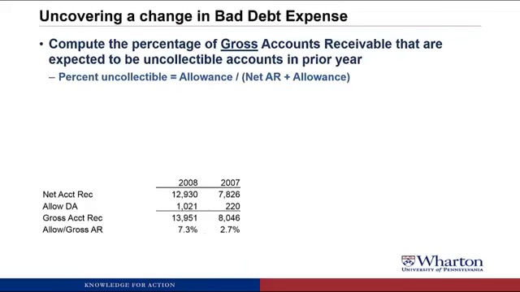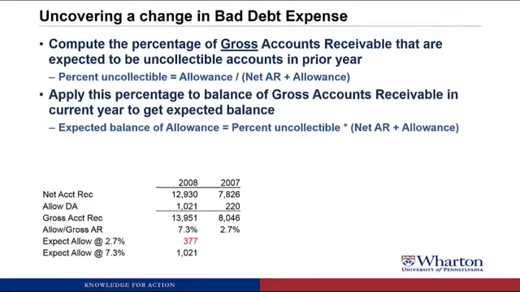The question is, what would their bad debt expense have been if they had not increased their rate? So to do this, we want to apply the 2.7% from 2007 to the gross accounts receivable in 2008 of $13,951 to get an expected balance of the allowance of $377 that TK would have had if they had not increased their estimated uncollectible percentage.